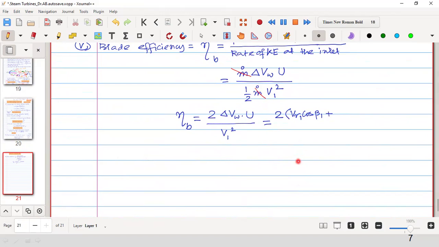So V1 plus VR2 cos beta 2 into U divided by V1 square. Therefore, you can write that is equal to 2 multiplied by Fu by m dot, basically multiplied by U by V1 square.